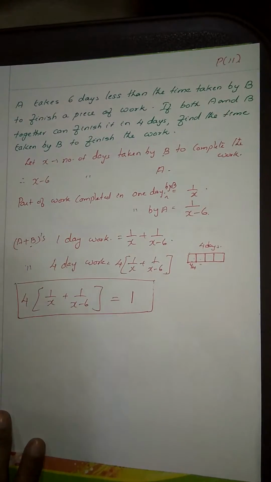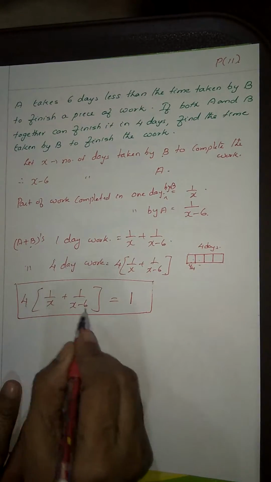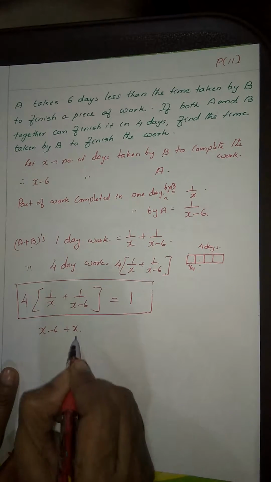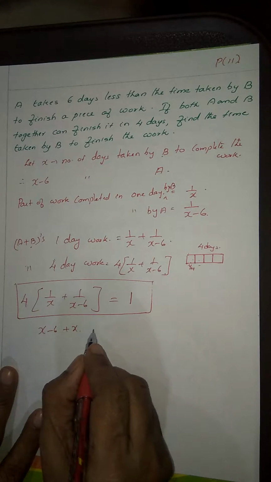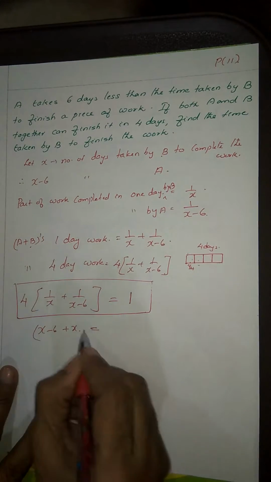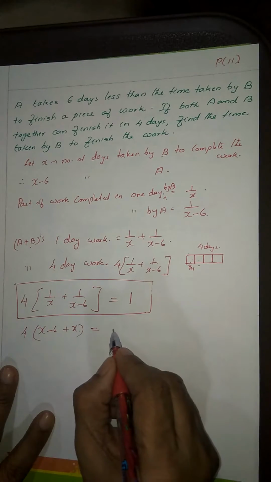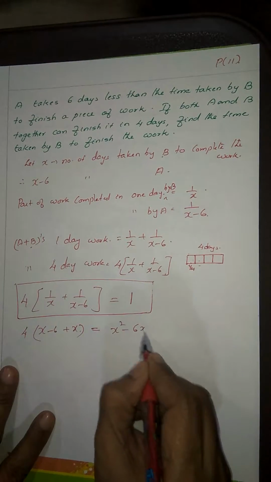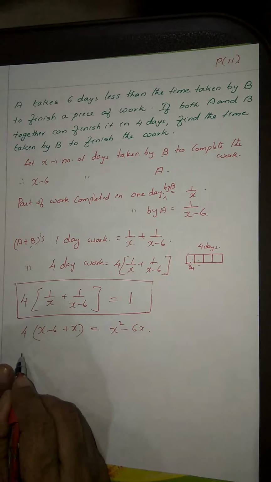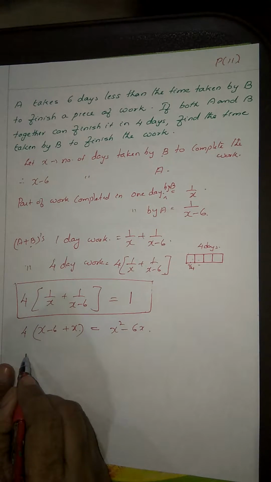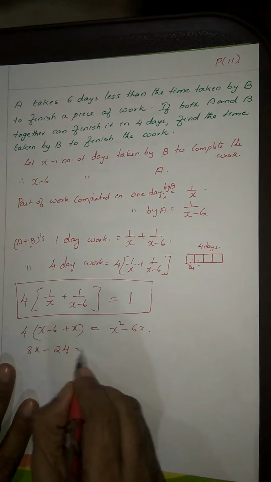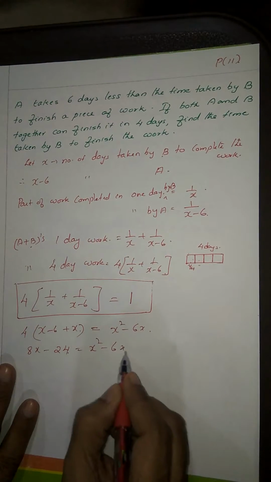Now we will simplify this. x plus x minus 6, into 4, is equal to x squared minus 6x. So you get 8x minus 24 is equal to x squared minus 6x.